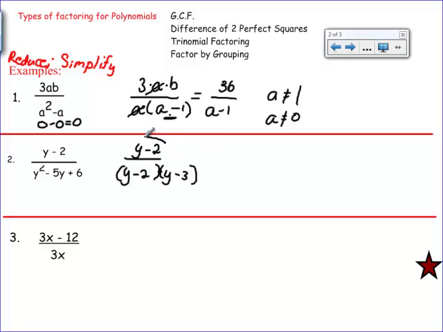Is this top one, which is a factor, common to a factor down here? Yep. So they can cross off, but careful. I'm left with 1 over y minus 3. And again, if you want to get really fancy, y cannot equal 2, and y can't equal 3, because if I put a 2 or 3 into here, I'd get a 0 in the denominator.